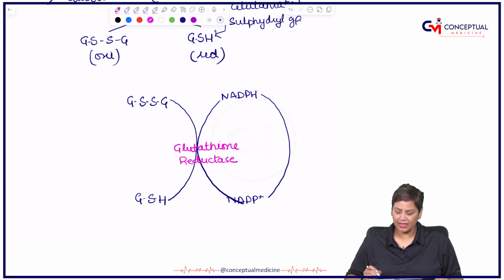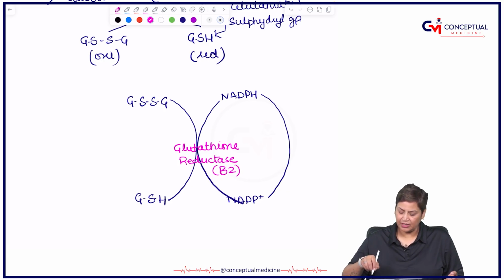Okay, and one thing, glutathione reductase requires B2 as a coenzyme. As we have already discussed the role of coenzymes in the video on enzymes. So you know coenzyme means the substrate which is working in cooperation with the enzyme. So NADPH will be converted into this and glutathione will be reduced.